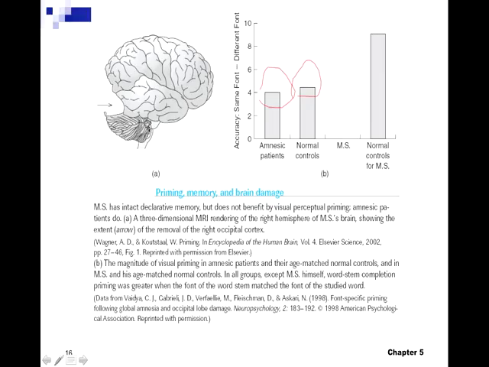So there's something about his symptoms that show that his brain parts that are broken control priming versus the episodic systems. Okay, a normal control again is way up here. So this occipital area back here is what was broken, and they removed the right occipital cortex.